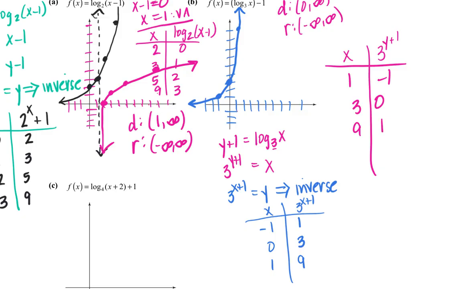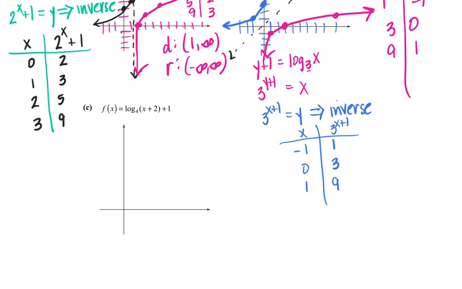So now we go 1, -1, 3, 0, and 9, 1. And your graph is going to look like this. And again, it is a reflection over the line y equals x.